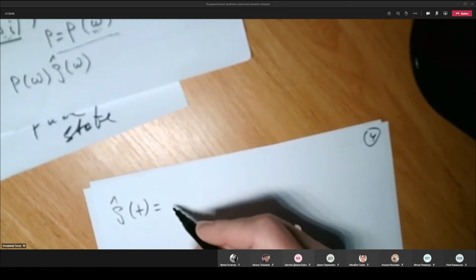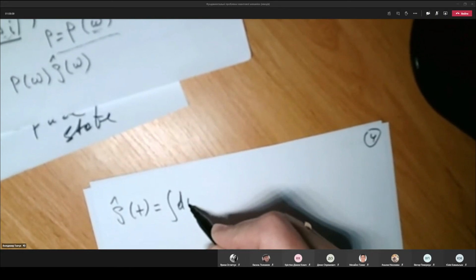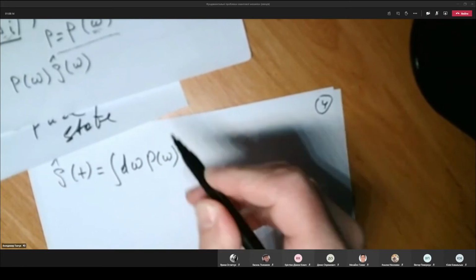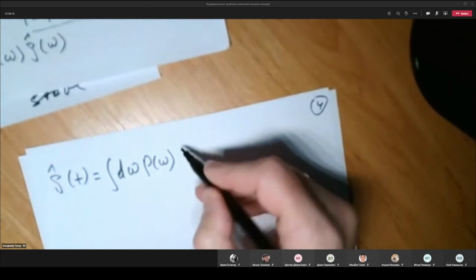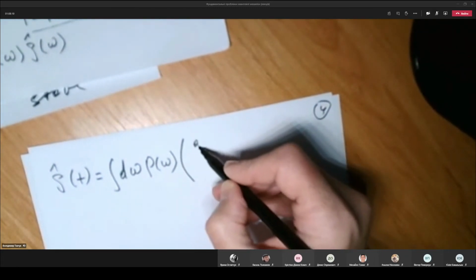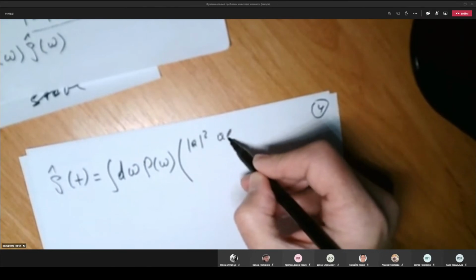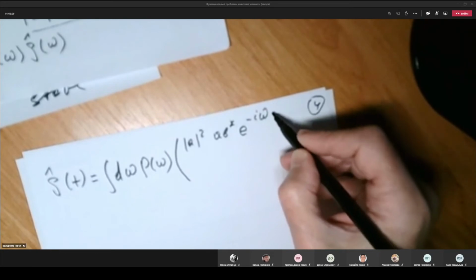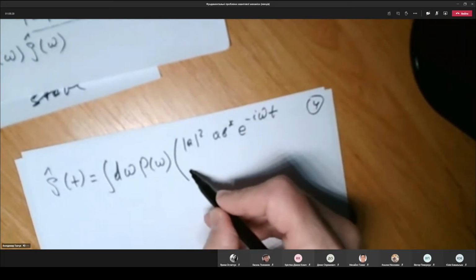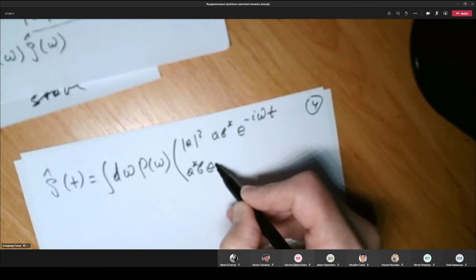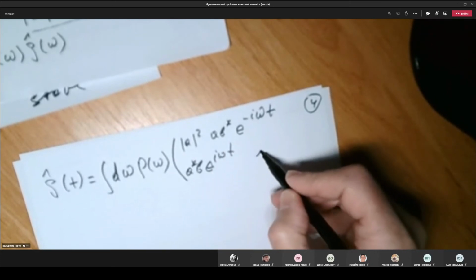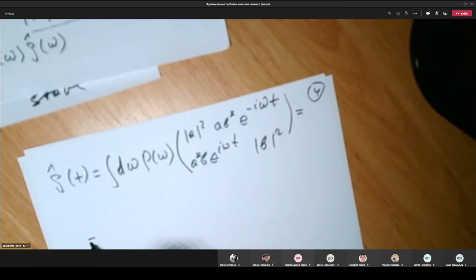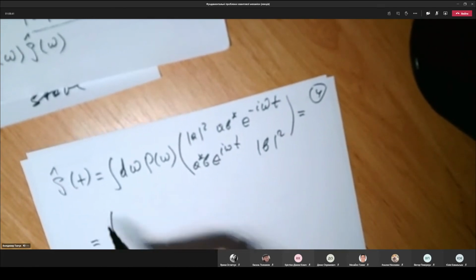It will be an integral over omega of the distribution function of the magnetic field, and here the density matrix, A squared. So we can continue and write the result in the following form.